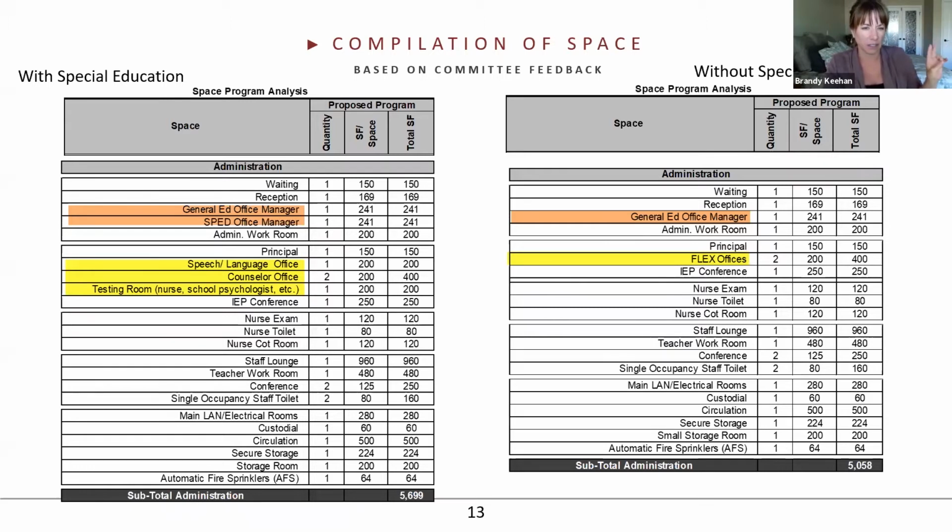In addition, I noticed that the team has one speech space. Is that correct? Yep. And we have two speech and language therapists, and they can't step on each other's toes because there's feedback. One's virtual and one is on site.